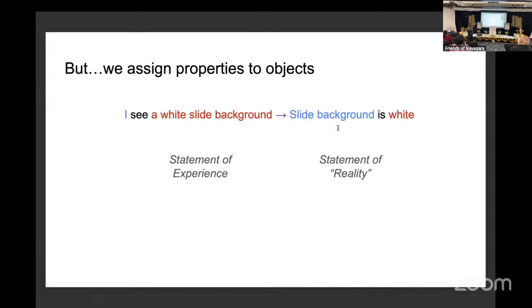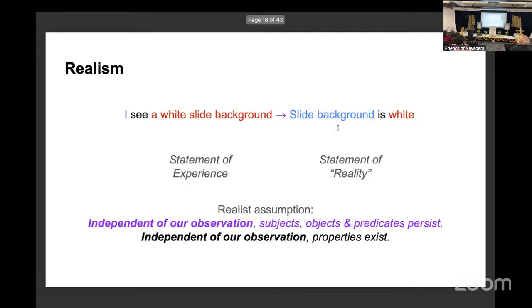The first is a statement of experience, as I stated, but the right is a statement of reality. So this is called a realist assumption. You say that independent of my observation or my experience, I can assign properties to objects.